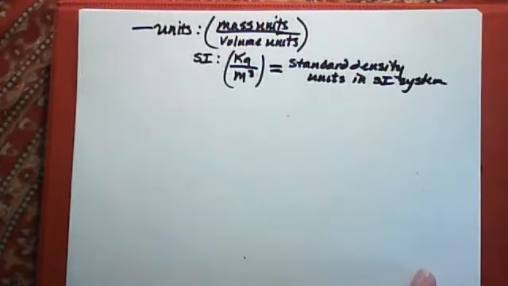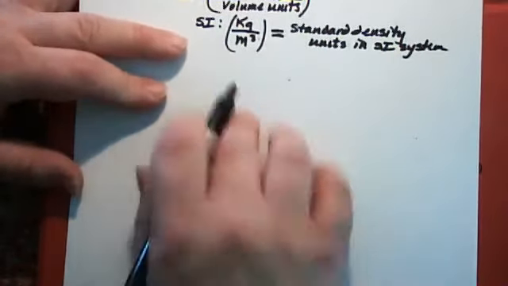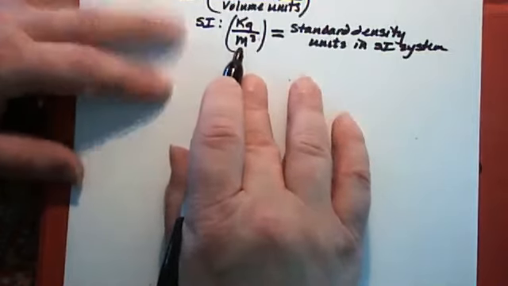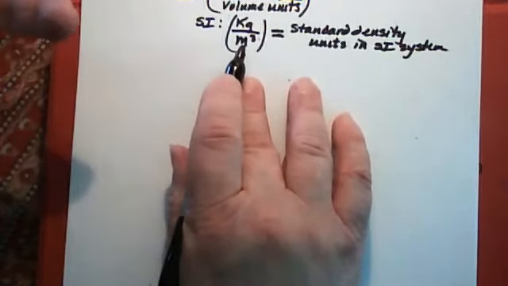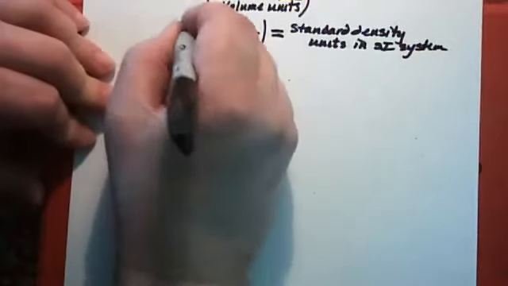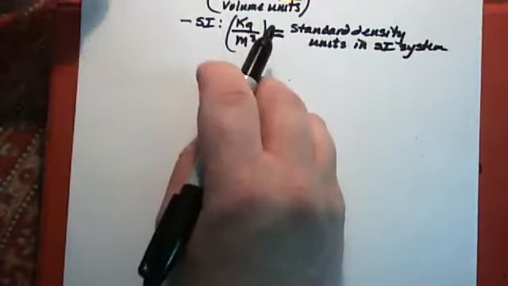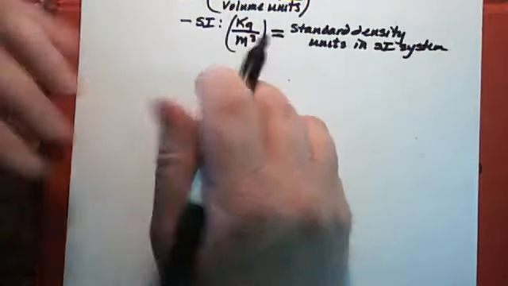A cubic meter is actually a little bit bigger than a cubic yard, which is pretty big. So you'd probably use a smaller unit for the volume as well. And that's what we normally do. It's just that we then have to be able to convert those units to kilograms per cubic meter if we're going to use that density in certain equations.